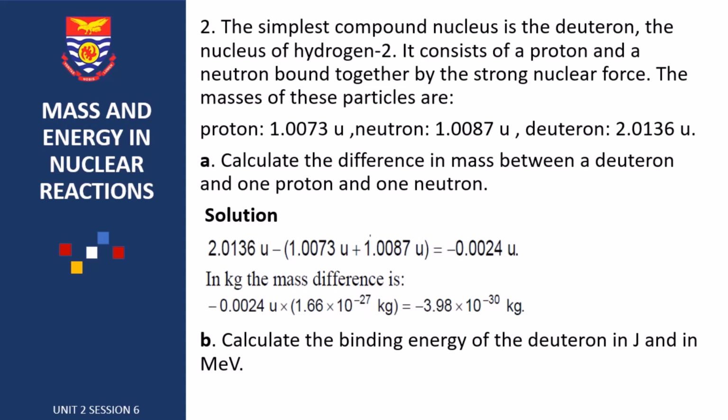So this is the sum of the mass of proton and neutron, and this is the mass of the nucleus, deuterium. So we subtract the sum of proton and neutron from the nucleus, and this gives us negative 0.0024 U. Now we know that 1 U is equivalent to 1.66 times 10 to the power negative 27 kilogram.